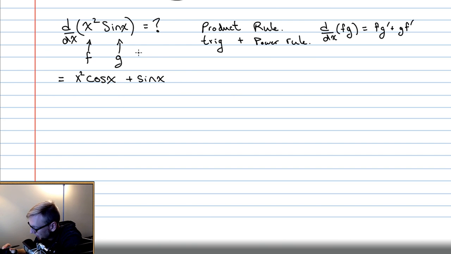And the derivative of f, using the power rule, is 2x. So this equals, well, we'll take out an x. And then we'll have x cos x plus 2 sine x. Easy, easy, easy.